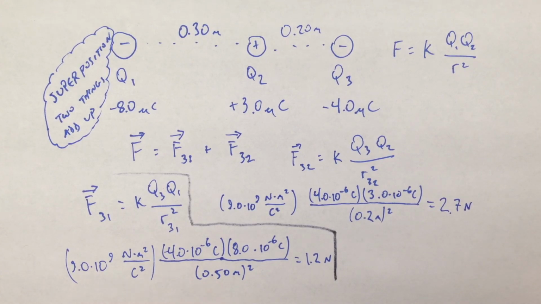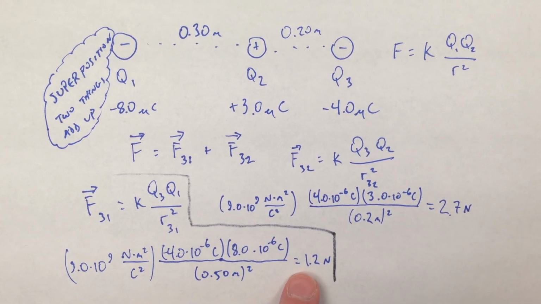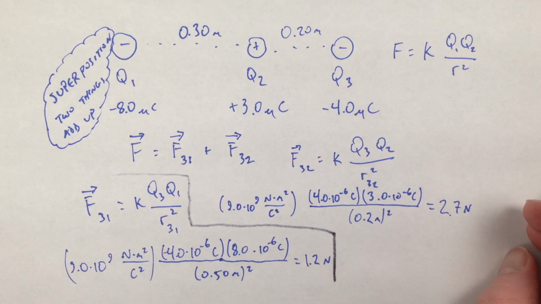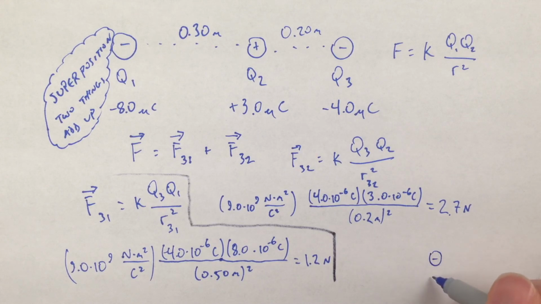It's more than twice as much as that because it's closer. Okay, so this is a repulsive force. This is an attractive force, which means by superposition, let's just put charge 3 right here. All right, here's Q3.